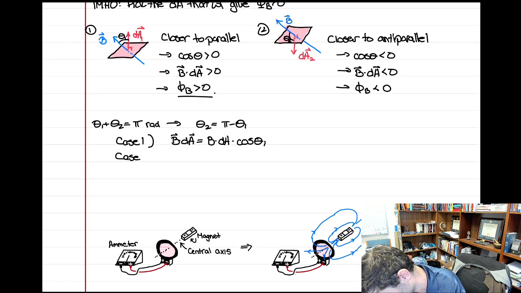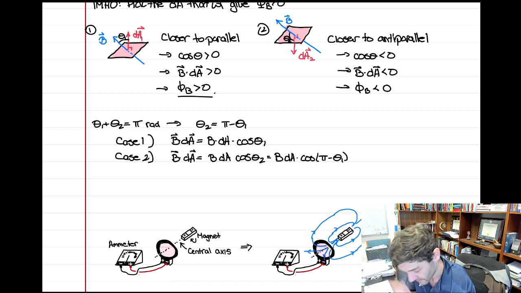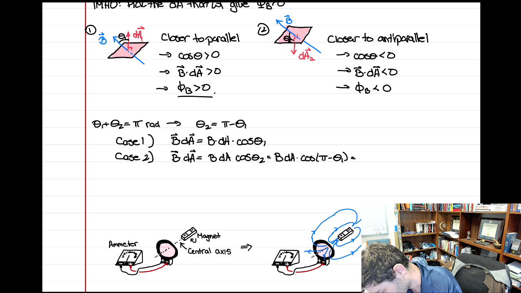And then for case 2, the dot product is equal to B dA cosine of theta 2, which is equal to B dA times cosine of pi minus theta 1, and the trig identity is exactly what we want it to be.